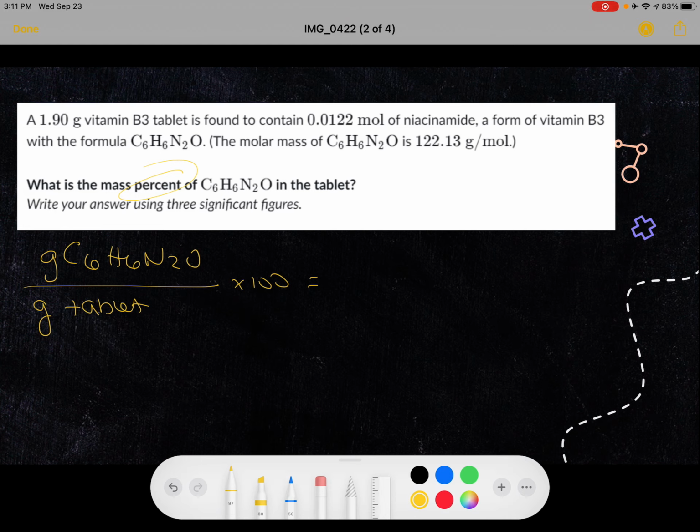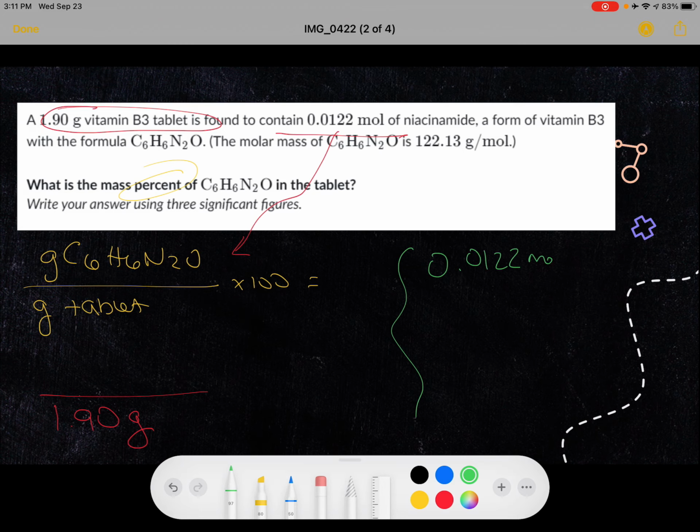Now let's see which of these we actually have in the problem. A 1.90 gram tablet. So that's my denominator. It is found to contain 0.0122 moles. Well, for my numerator, I need grams of niacinamide. The problem gives me moles. So I'm going to have to take 0.0122 moles and change that back into grams.